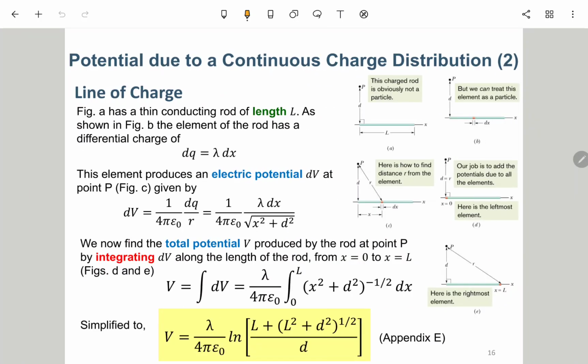So here we have a line of charge. Figure A has a thin conducting rod, length capital L, as shown in figure B. The element of the rod has a differential charge dq equals lambda dx, where lambda is the linear charge density.